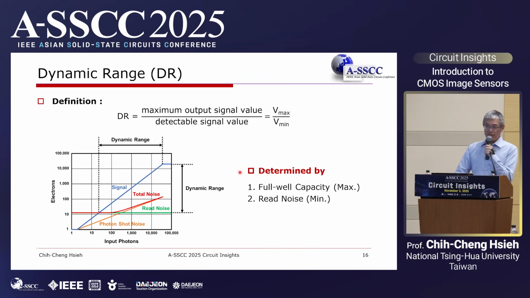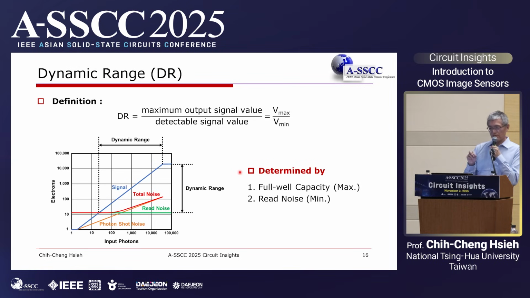Final is the dynamic range. From our experience, especially in circuit design, we usually define the dynamic range as the maximum signal to noise ratio, which means the maximum signal you can handle divided by the minimum signal, which is usually equal to the noise floor.